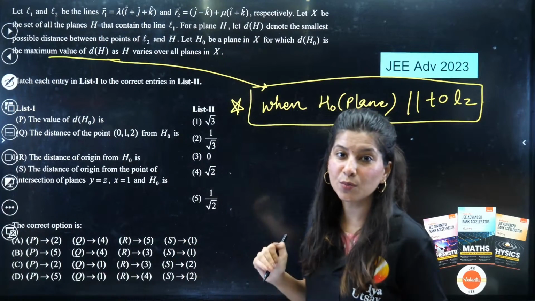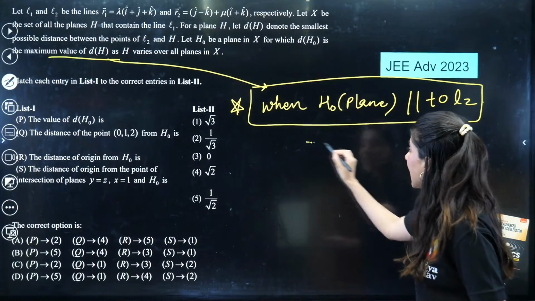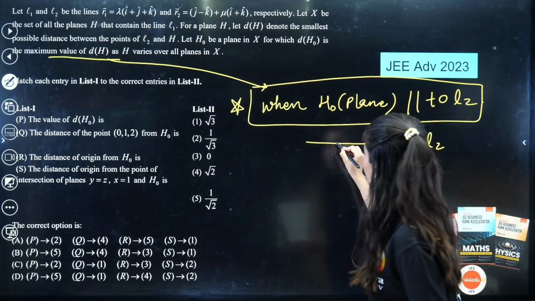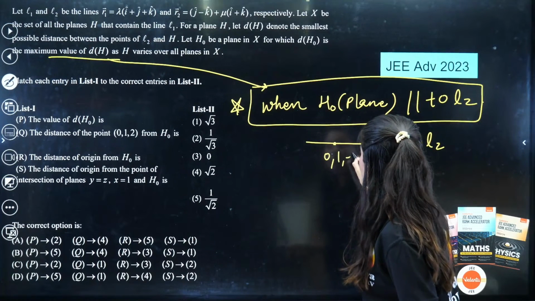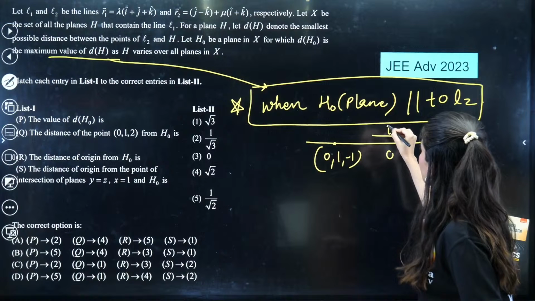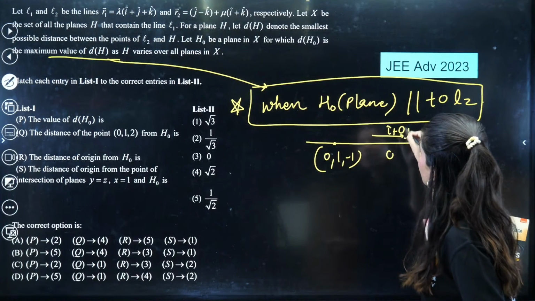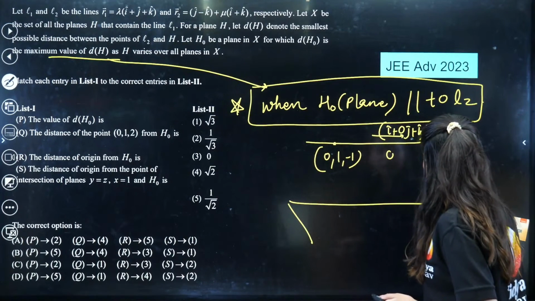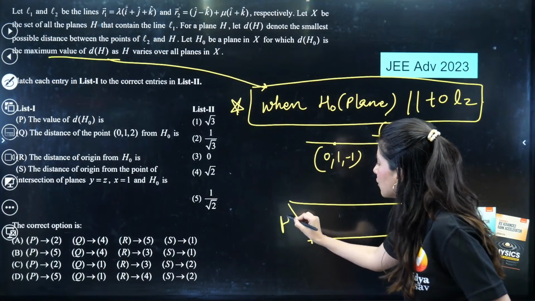Why do I want this to be parallel? Because once the line L2 is fixed, definitely L2 is fixed. So L2 is passing through 0, 1, -1, and L2 is parallel to i cap plus 0 j cap plus k cap. And my plane should be parallel to it. This is my H0.